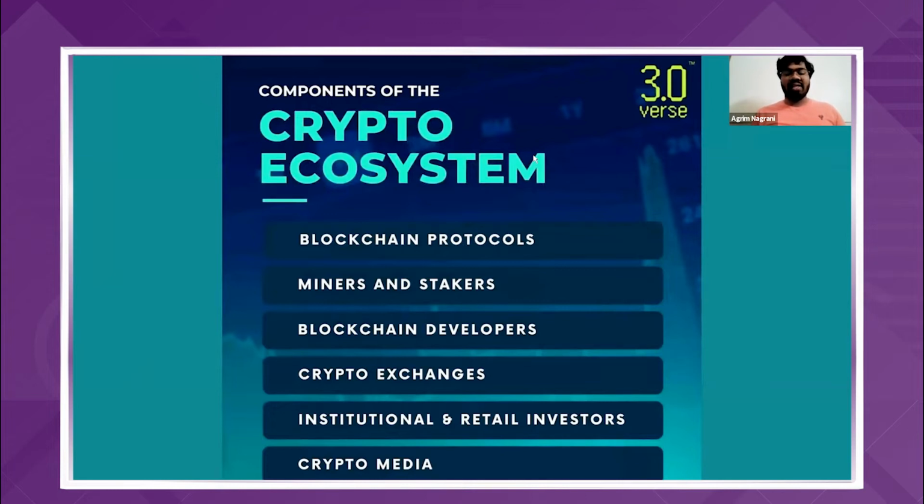Then we have crypto exchanges, which make this space tradable for everyone, involving institutional as well as retail investors. And after that, at last, the marketing and the tokens which we see all around us on social media platforms, which happens through crypto media.